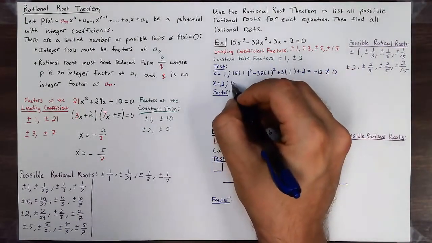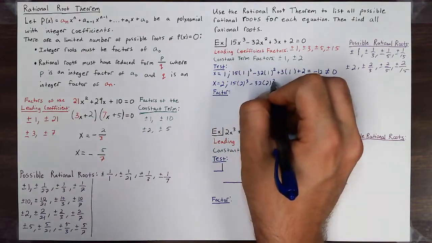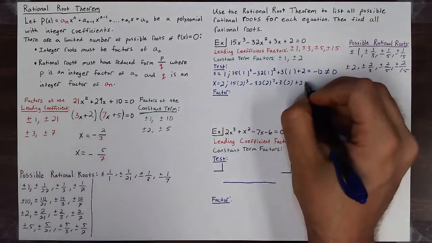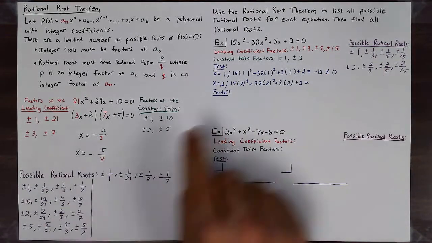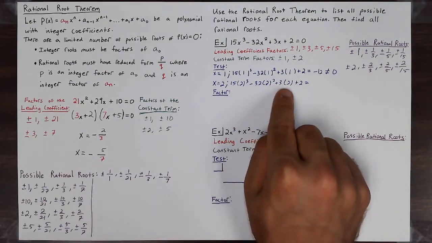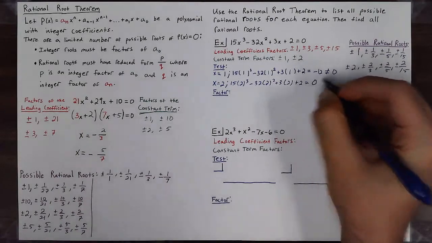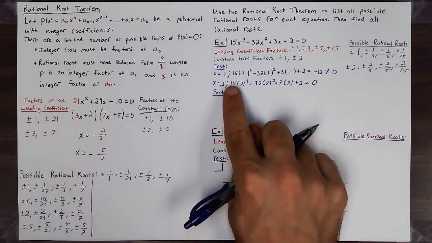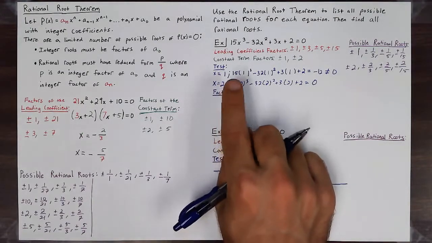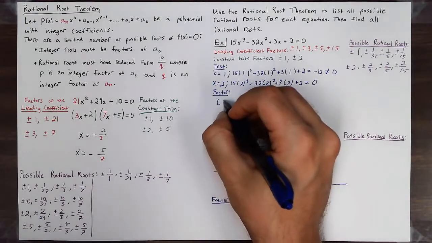So I get 15 times 2 cubed minus 32 times 2 squared plus 3 times 2 plus 2. And that would be 15 times 8 minus 32 times 4 plus 6 plus 2. And in this case, this does add up to give me 0. So that already tells me that this is a 0 of the polynomial. To find more solutions, the factor that comes with that is x minus 2.